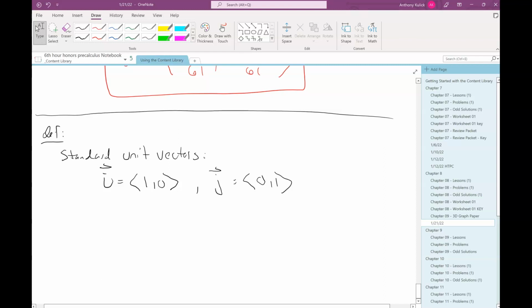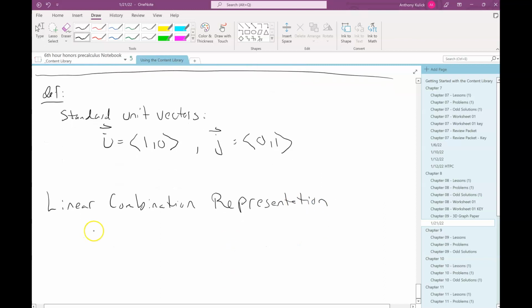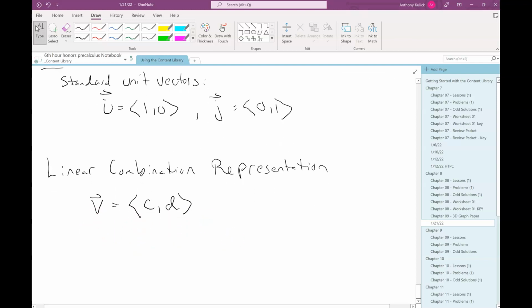With these 2 standard unit vectors, we can unlock a new representation. This is called the linear combination representation. So if I have some vector v, it's equal to the component form c, d. I can rewrite this as the sum of the vectors i and j in the following way.